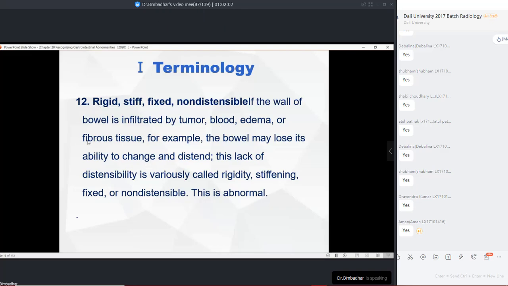It may lose the ability to change or distend, and this lack of distensibility is variously described as rigidity, stiffening or non-distensible. This is certainly abnormal. A GI tract under constant movement is a healthy one, but a rigid abdomen or rigid gastrointestinal tract generally indicates a serious abnormality.